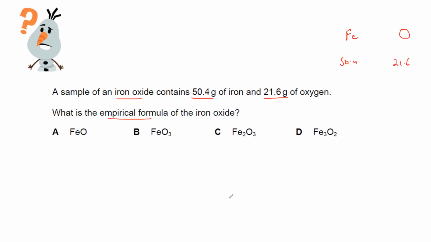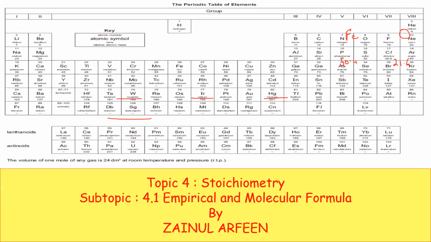First step is divide by atomic mass. So how to divide by atomic mass? When you check the periodic table, you can see iron is 56 and oxygen is 16.